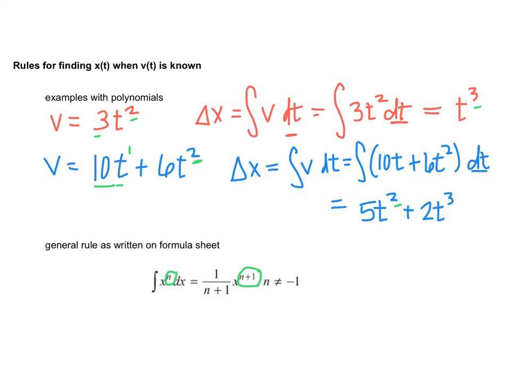In this case, what we end up doing is dividing by the new exponent, the 3 or the 2, that kind of thing. So we will go through some more examples in class. We'll also talk a little bit about what happens if you actually need just the function of position and not delta x. But those are all kind of more complex thoughts.